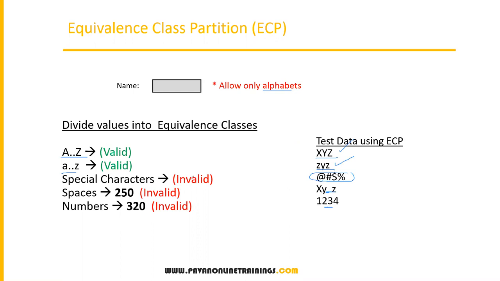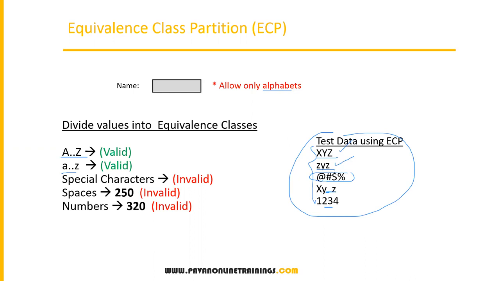So we first classify the data, and then we prepare some data which belongs to each and every classification. This is the actual test data which we can use for testing. So this is equivalence class partitioning. In equivalence class partitioning, our main intention is the value check: whether the value we are providing is correct or not.